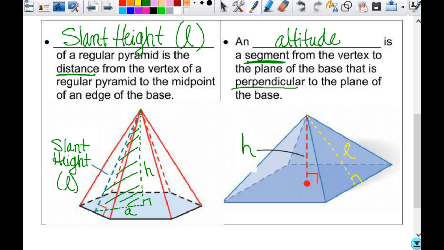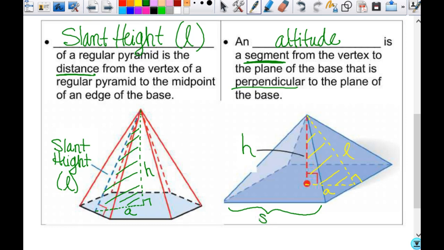L, the lowercase cursive L. And then I can connect these two, and what is that? Yes, I do get a right triangle right here, but this length right here is the apothem. This side length, so I use what letter there?